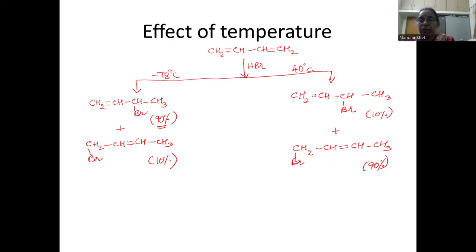If you look at the double bond, here hydrogen is there, there are no substituents. Whereas here, for these two carbon atoms, this becomes a substituent. It is attached to carbon and hydrogen. So more substituted alkene will be dominating at higher temperature whenever it is under thermodynamic control. So that is about the effect of temperature.